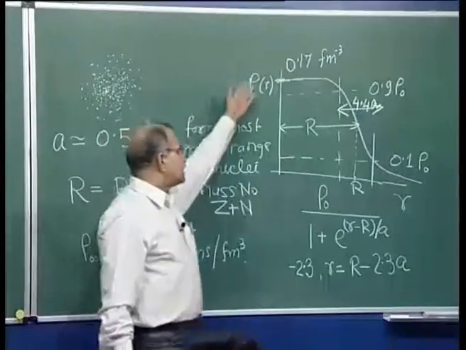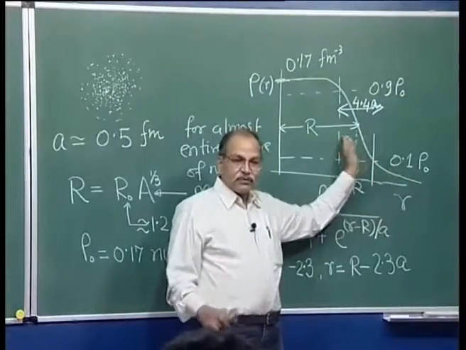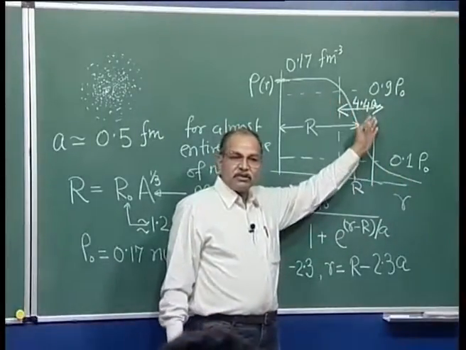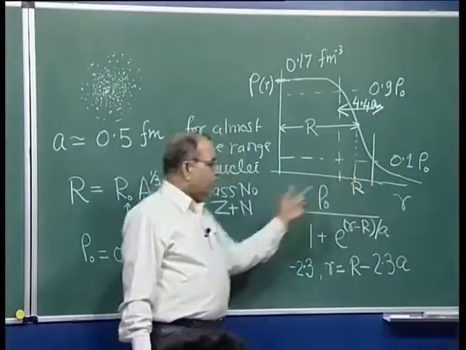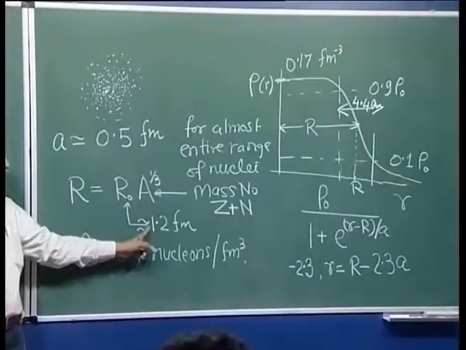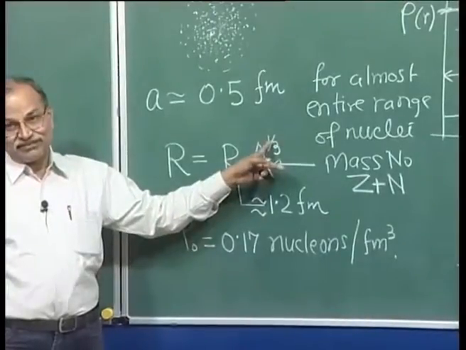You still get this type of distribution of charge inside, or when you scale up, distribution of nucleon numbers, and then you can get that R. That R will be 1.2 femtometers times 12 to the power 1 by 3.